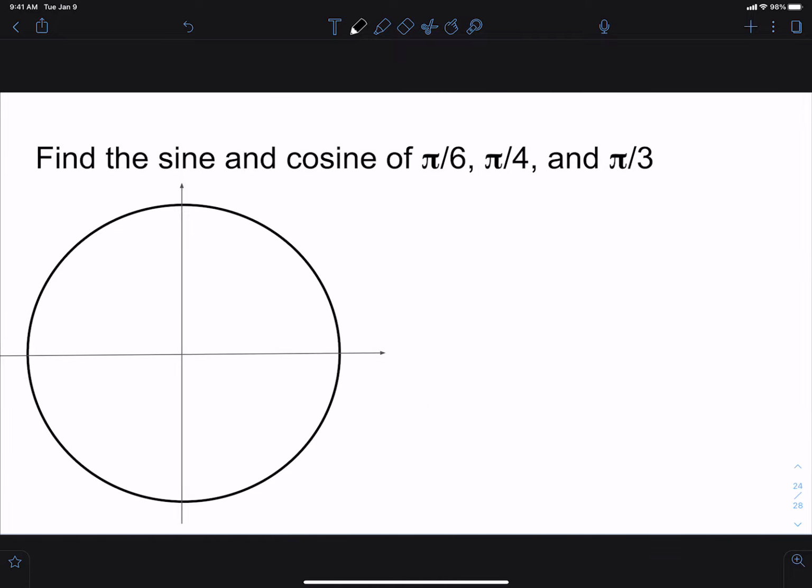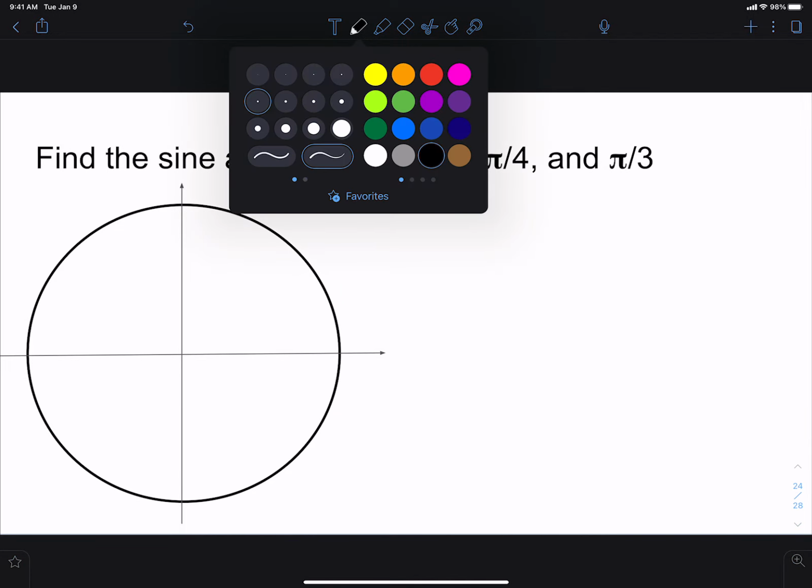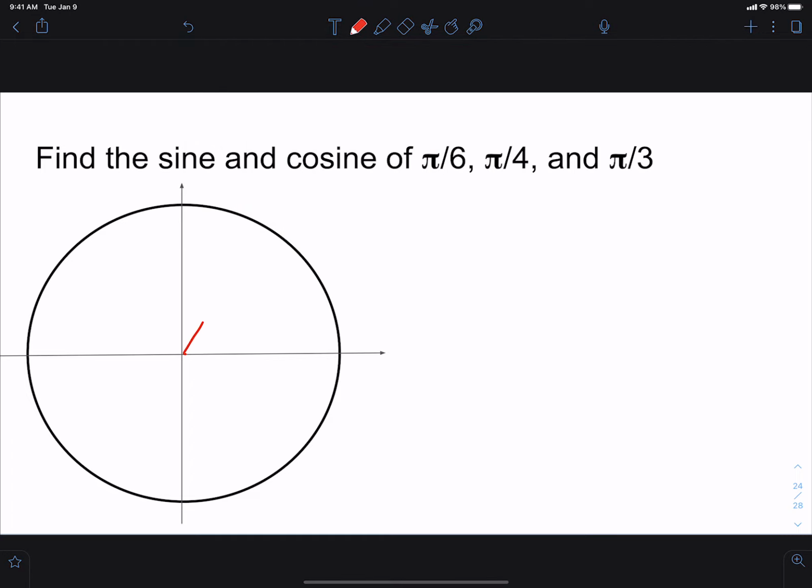Let's move on and look at pi over 3. So pi over 3, it's somewhere like here. And here's pi over 3. That means that this angle, pi over 3, that's 60 degrees.